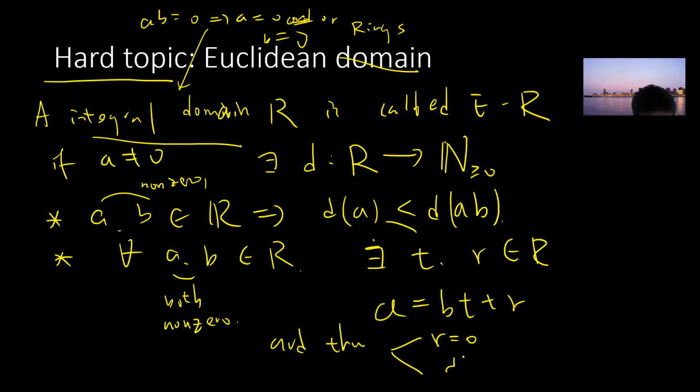The second case is that dR is less than dB. So the two properties are: for two non-zero elements, dA is less than or equal to dAB, and if you have any A, B belonging to R, you can find a T and R such that A is BT plus R, with always two cases: R is 0 or dR less than dB. So this is just the division, right?